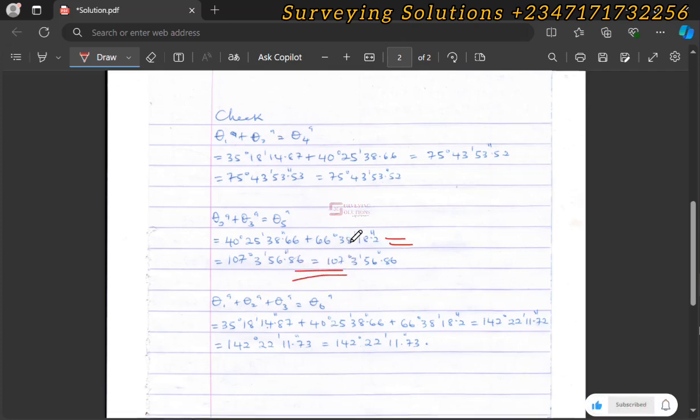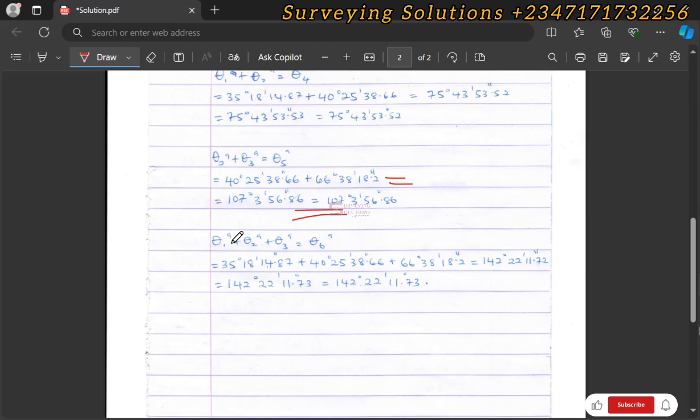Now finally, let's do the third condition, which is adding 1, 2, 3, and then equating it to 6, right? Good. So we have angle 1, angle 2, and angle 3 equated to angle 6 as adjusted, right? Good. So we now have 142, 22, 11.73 equal to 142, 22, 11.73, right?